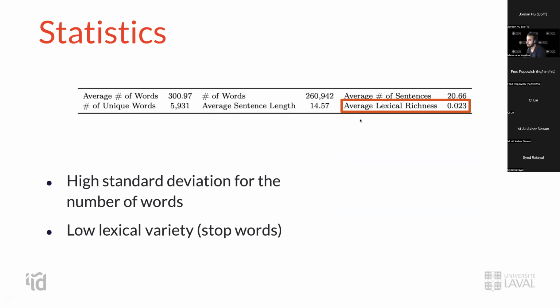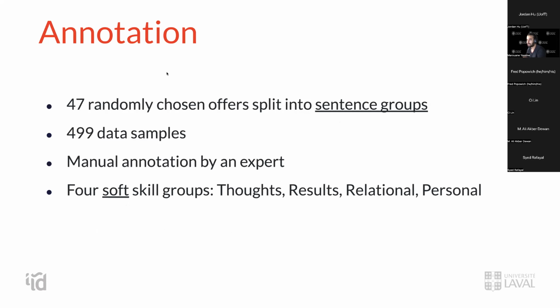Here we can see there's a very low lexical variety. There are a lot of stop words which can contribute to this, but even from a qualitative perspective, there's not a lot of variety in a job offer, which is quite understandable because a job offer is not a novel. So you wouldn't expect a lot of different words in an offer.